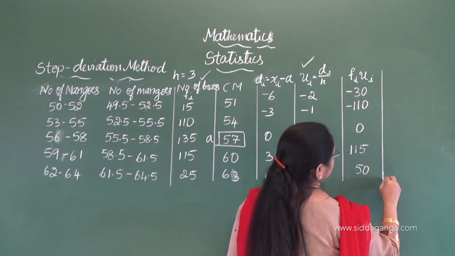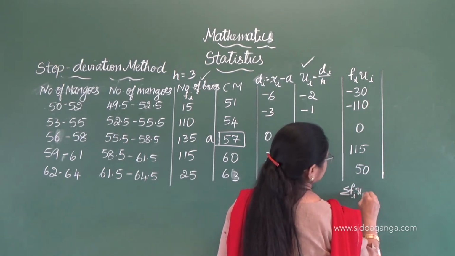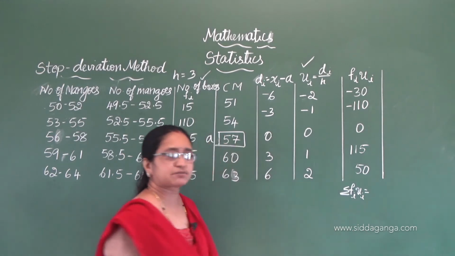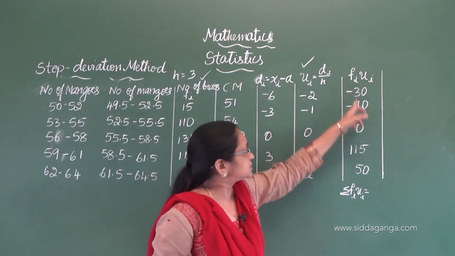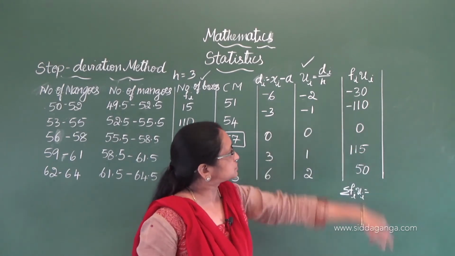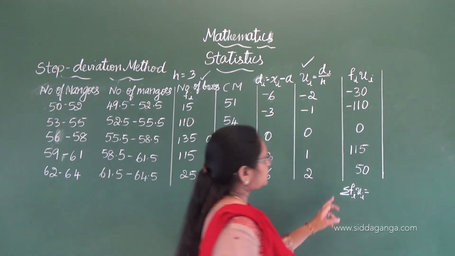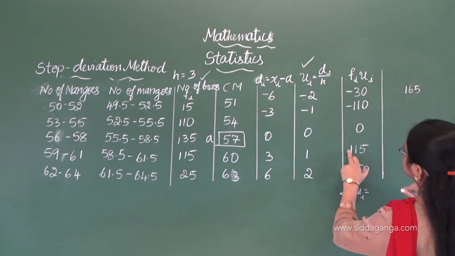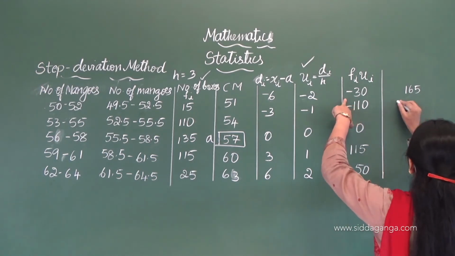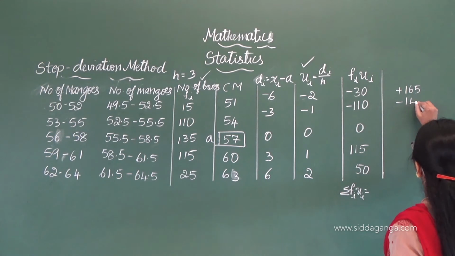Now sigma Fi ui. You all know the next step: you have to find out sigma Fi ui. Add the negative and positive values. This is 165 and here minus, this is plus 140.